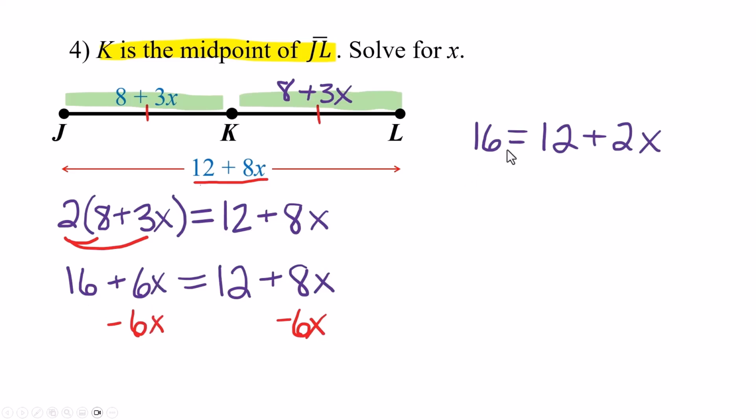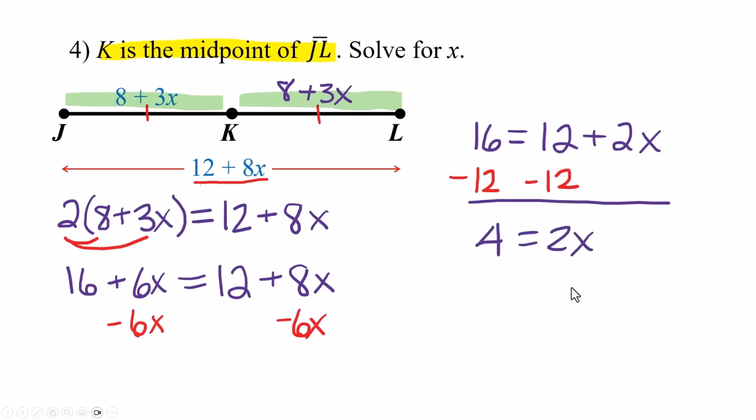So I end up with 16 equals 12 plus 8x minus 6x is 2x. Take the 12 away from both sides, and we end up with 4 equals 2x, and we get x equals 2. This one, where it doesn't seem like they're giving you enough information, is one of the problems that stump people quite a bit. So I wanted to make sure you got one of those in your lesson.